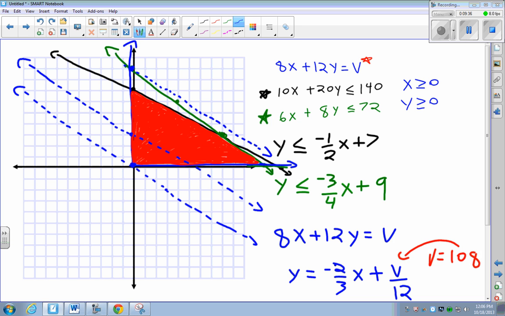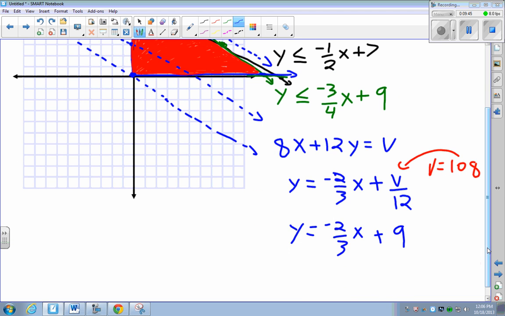Now notice that it never hits the red area. And since it never hits the red area, this is over our limit. And so we can say that v equals 108 cannot be our optimal solution.